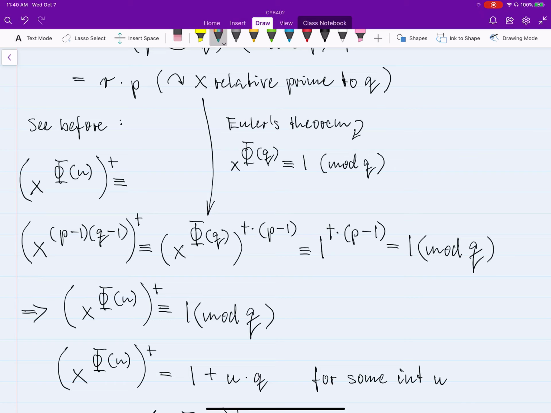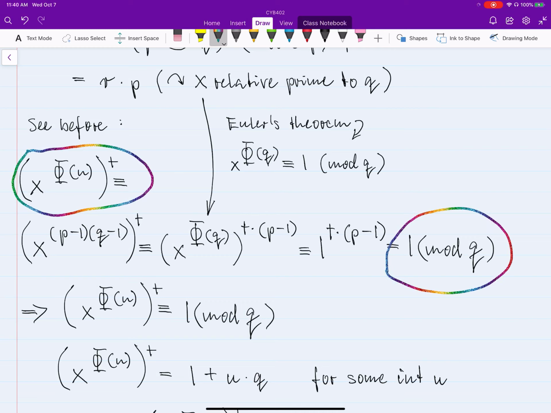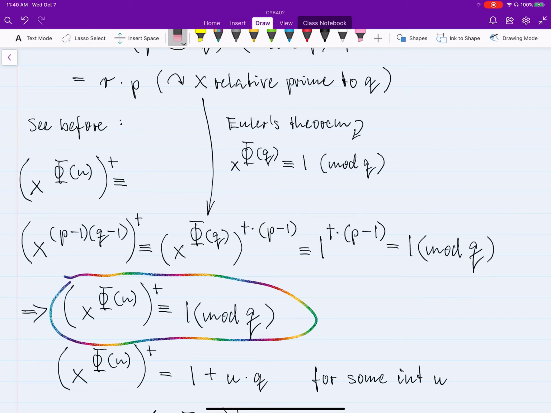So what's the result now? The result is that we have this is congruent 1 modulo q. Okay, so this is the result. Very interesting. Not mod n, mod q.